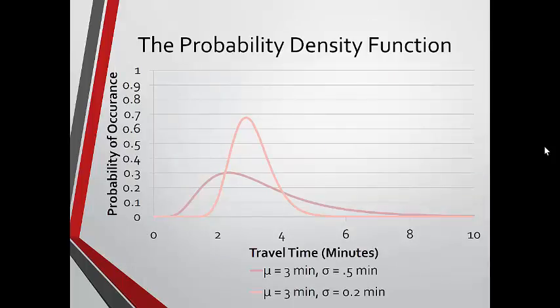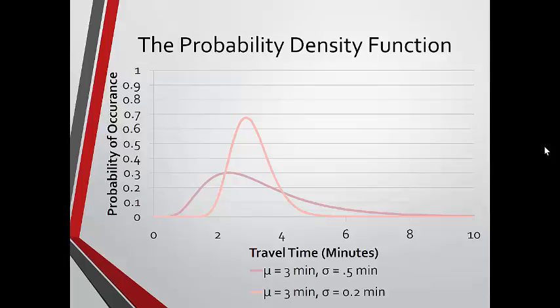So again, thinking of it from a travel time perspective, if I have two distributions, the lighter color distribution here has a mean travel time of 3 minutes and a standard deviation of 0.2 minutes. The second one, the darker one, also has a mean travel time of 3 minutes, but in this case a standard deviation of 0.5 minutes.